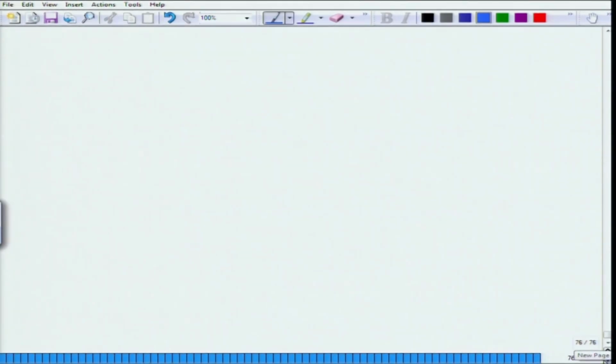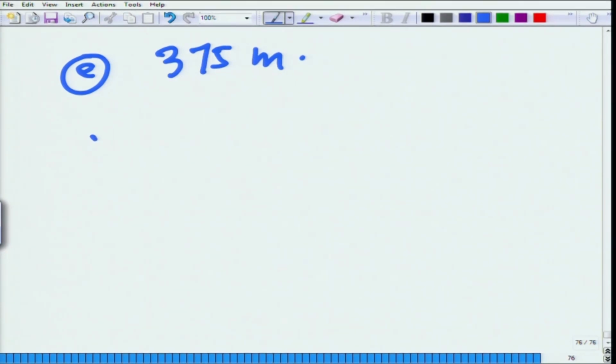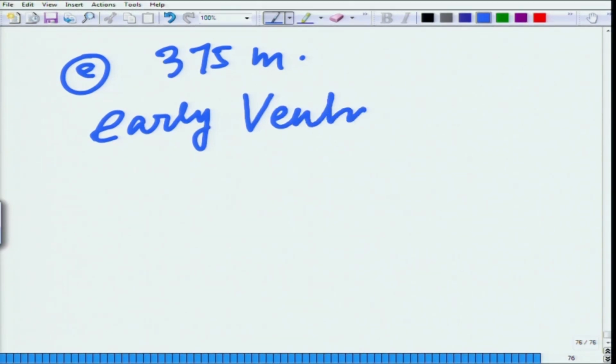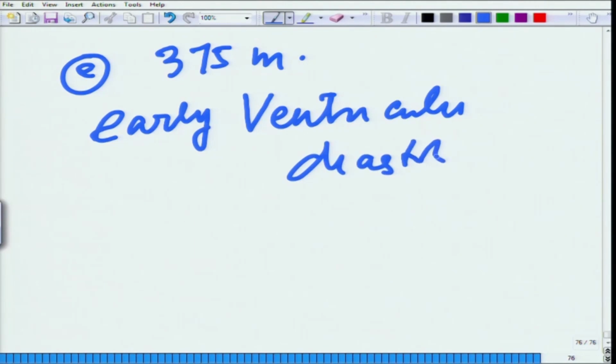Then comes phase E, which is around 375 milliseconds, that is the early ventricular diastole.